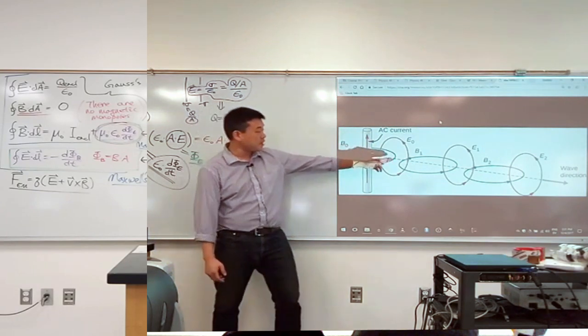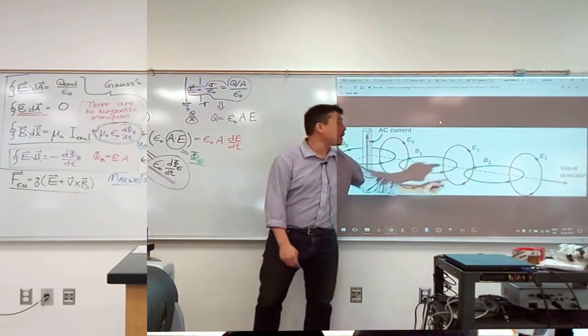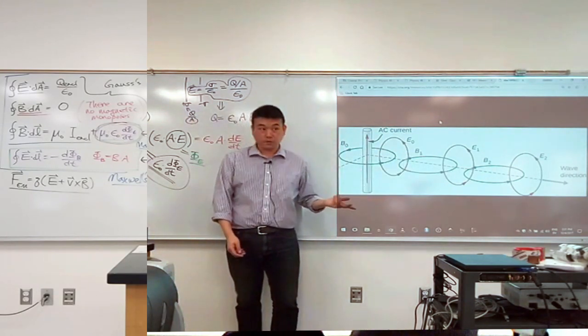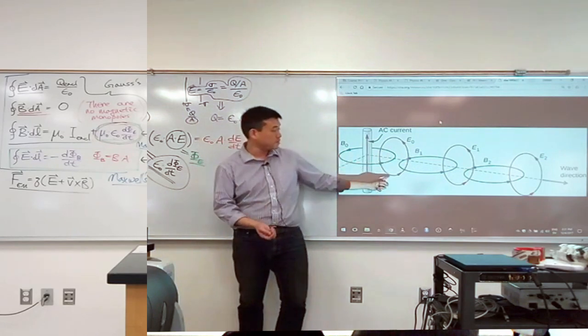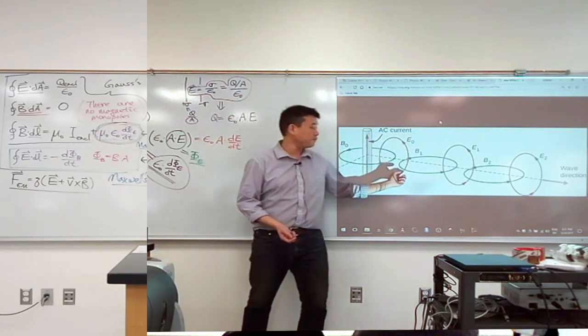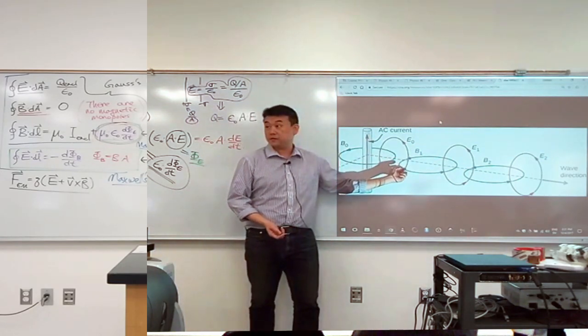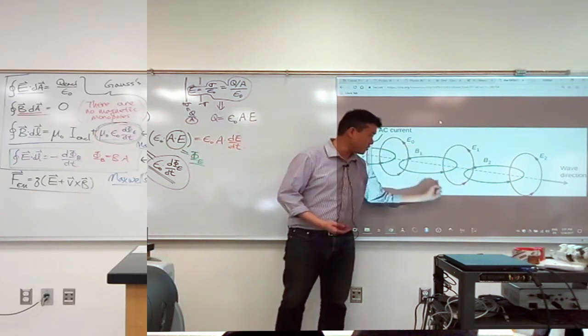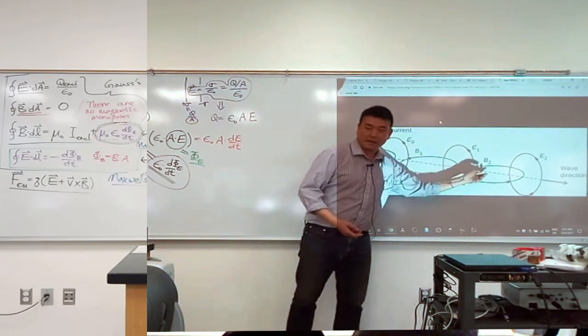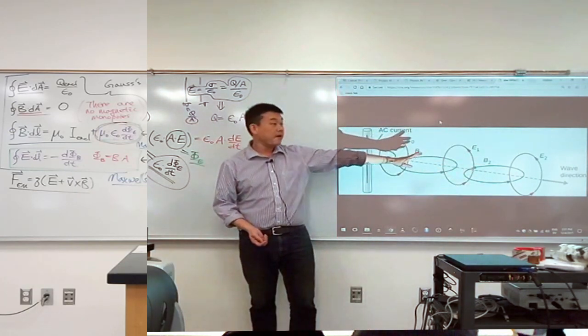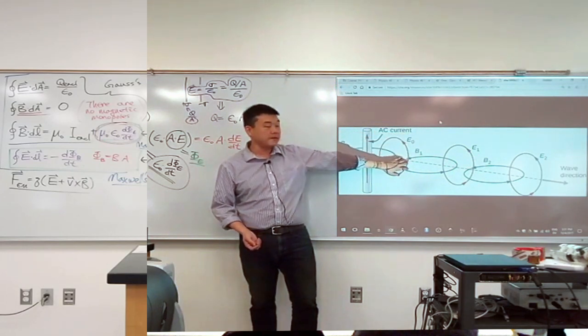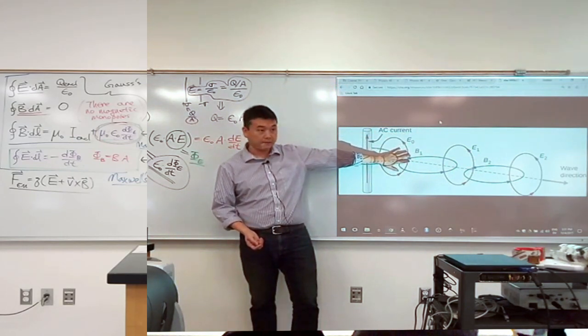But this chain of events starting with here now becomes possible because of Maxwell term. Because of Maxwell term, this changing electric field can produce this changing magnetic field, which can now produce this changing electric field, and then this goes on forever. And this is what we refer to as electromagnetic wave.